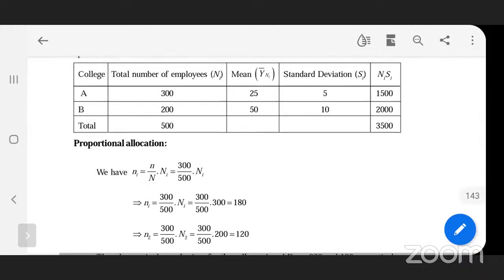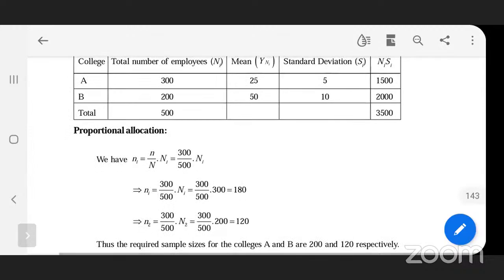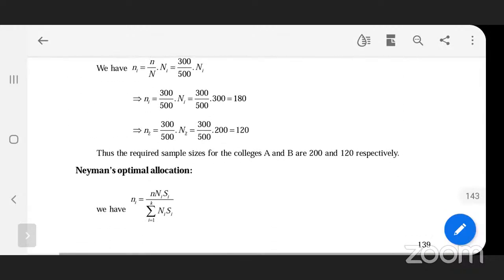Next n2 also I can calculate: 100/500 into 200, so n2 is 40. So the random sample sizes for colleges A and B are the values we are getting.